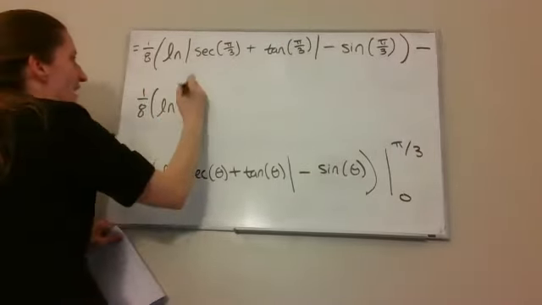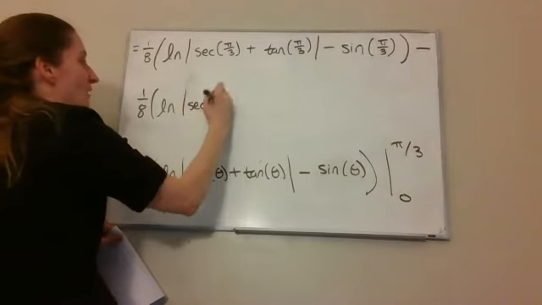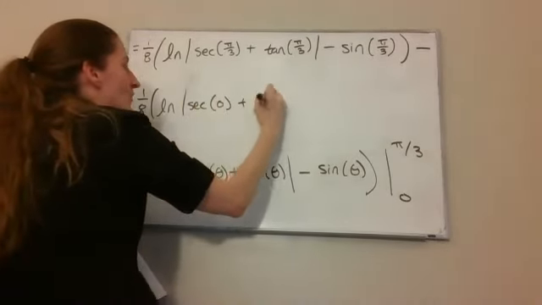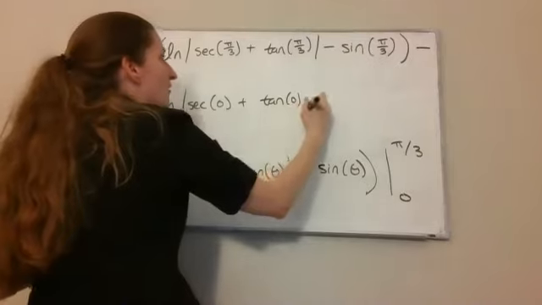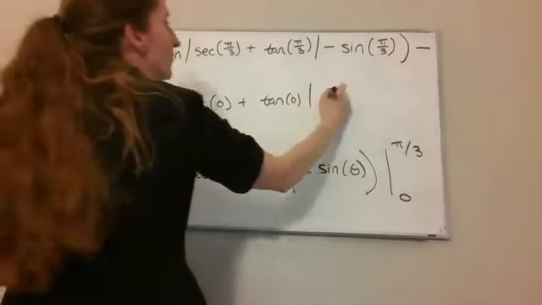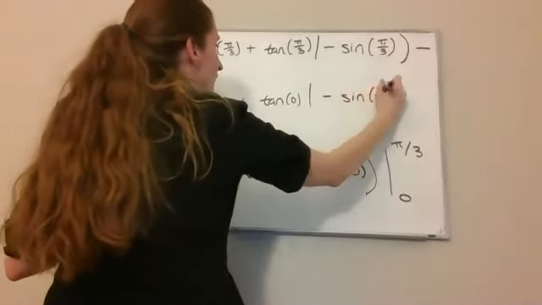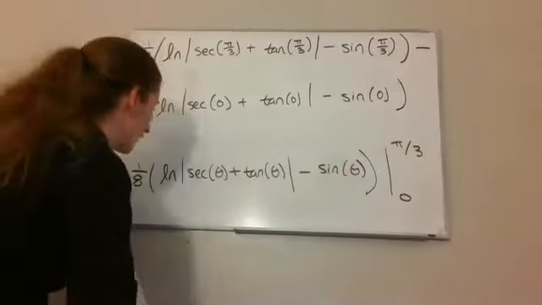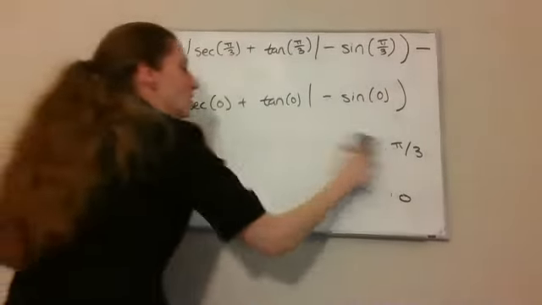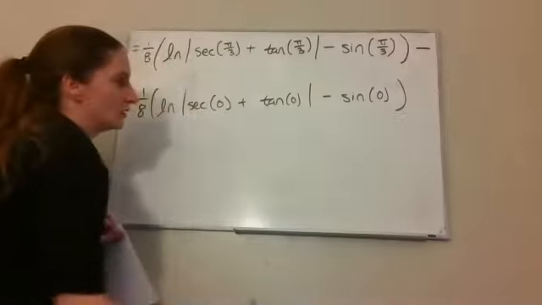So 1/8 natural log absolute value of secant of 0 plus tangent of 0 minus sine of 0. And now it's just all a matter of how well do you know your unit circle.